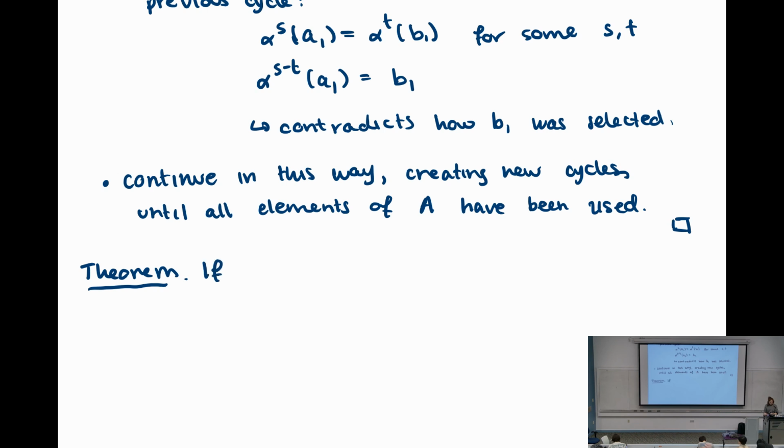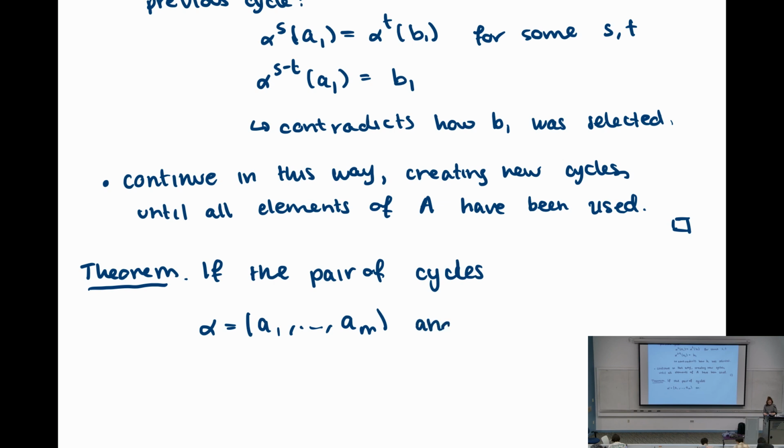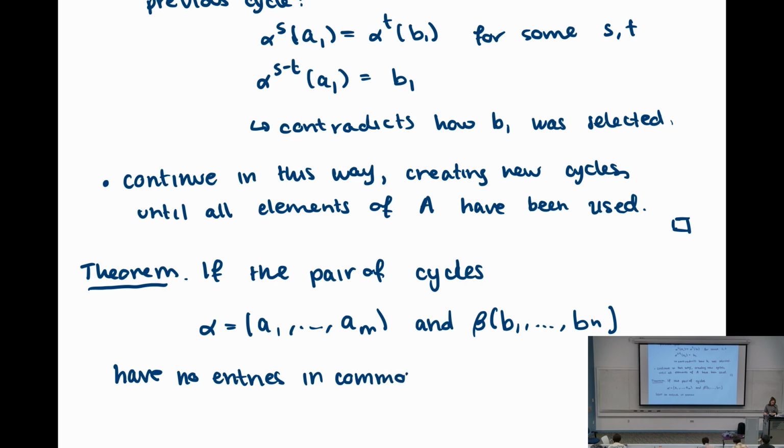So this says that if the pair of cycles alpha, which, let's just say, is (A1 ... AM), and beta, which we'll say is (B1 ... BN), have no entries in common, so if they're disjoint, then alpha beta is equal to beta alpha.